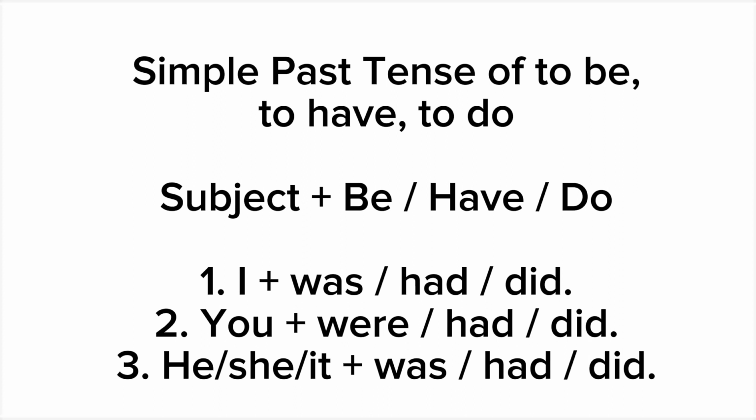You were, you had, or you did. 3. He was, he had, or he did. She was, she had, or she did. Or it was, it had, or it did.